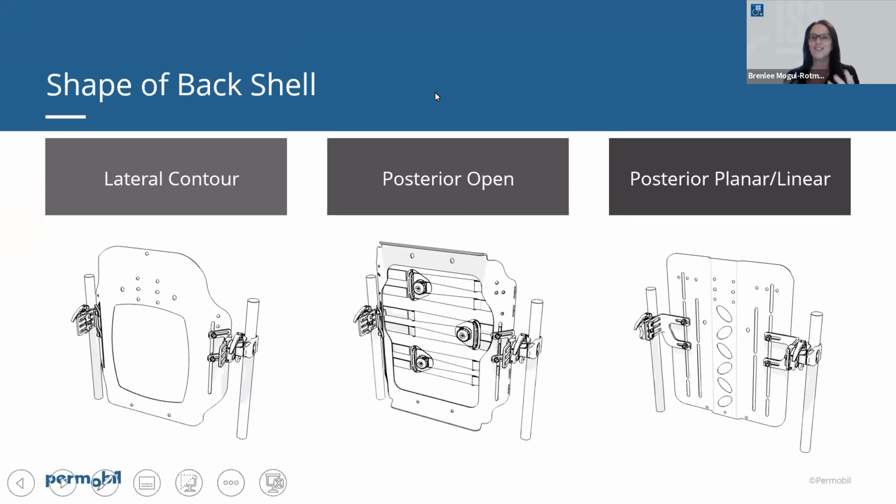It can help with managing contact with the material within the back support as well. And a posterior planar back shell can allow for growth or change, because the flat shell often can accommodate internal supports or wings that can get that anatomical contact that we need with the client, but still be adjustable as the client changes in size, or a pediatric client who's going to grow.